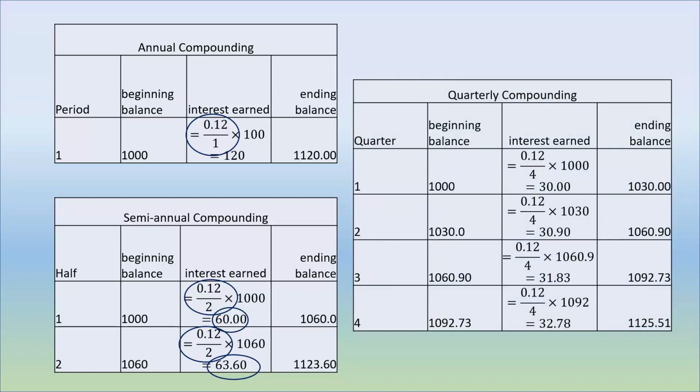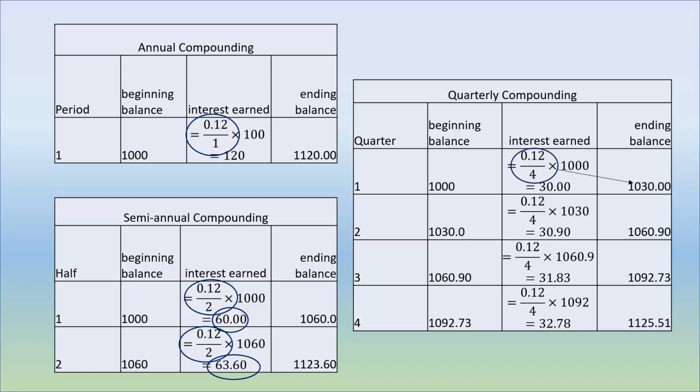Now let's move on to quarterly compounding. Balance is still 1000 at the beginning. When we multiply with not 12% but the quarterly equivalent, so 12% divided by 4 quarters in a year, so 3%. 3% of 1000 is $30. That $30 is added to the initial balance to get an ending balance of 1030.